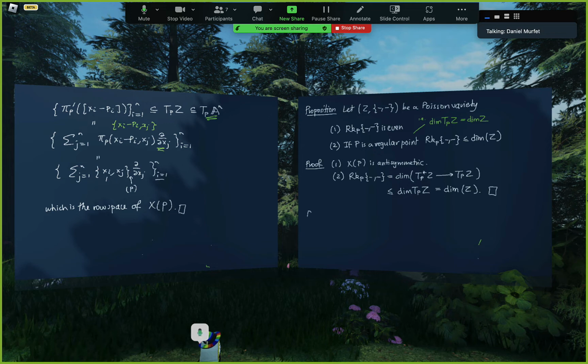One more definition, and then we'll finish with the example, I think. So if I have a Poisson variety, and the rank is equal to the dimension for all P in Z, we call this a symplectic structure.